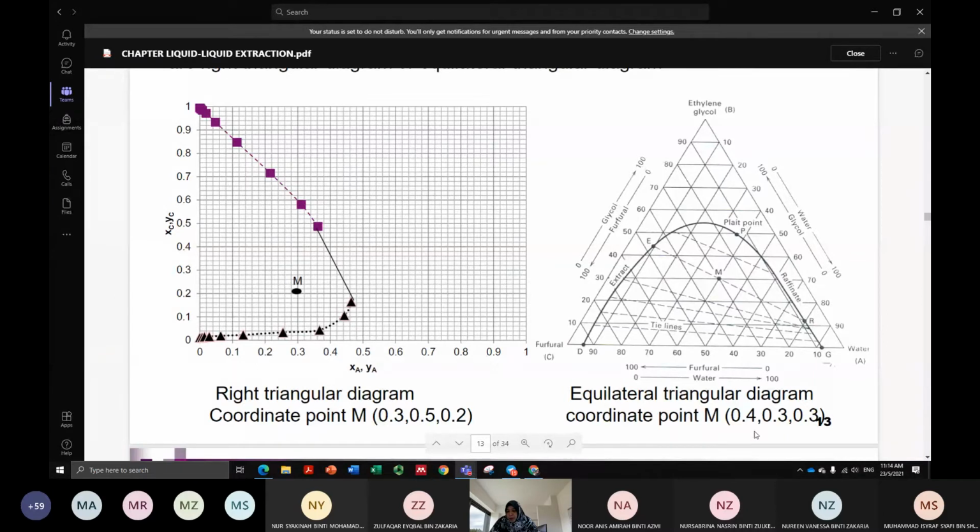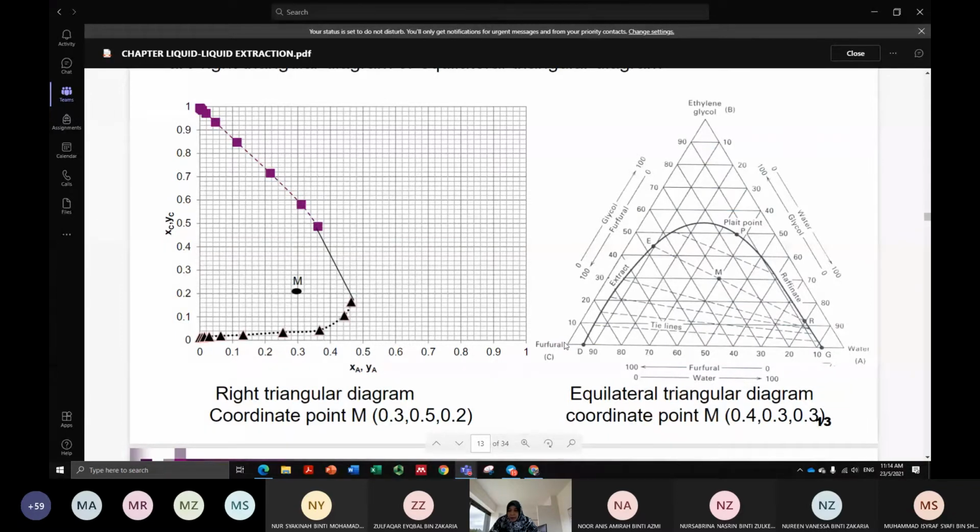Comma, then you look for B. What is the point for component B at point M? This is B, the base is CA. So you go upward.